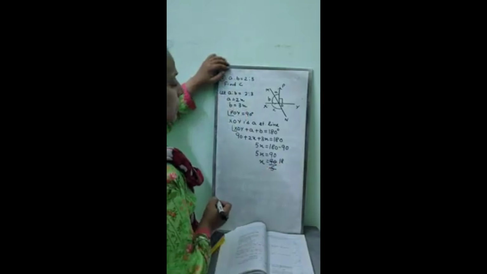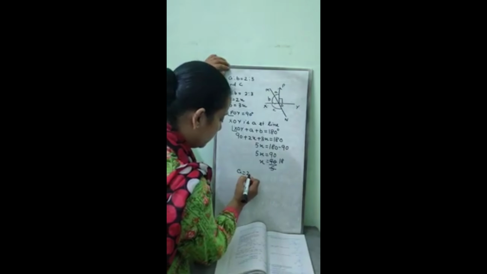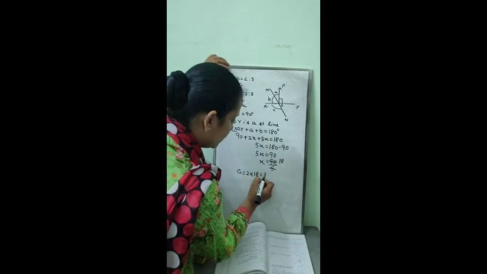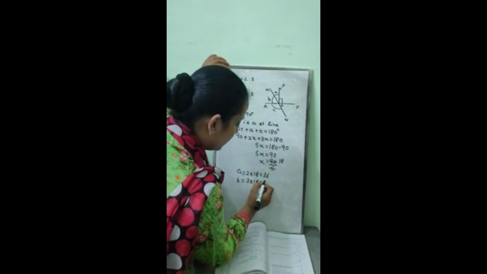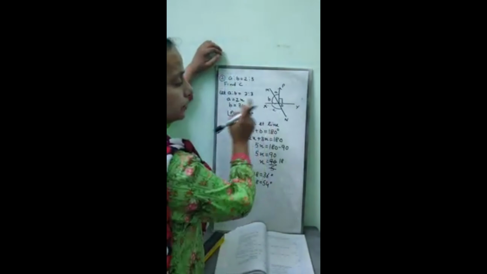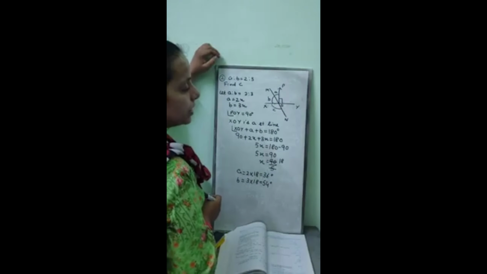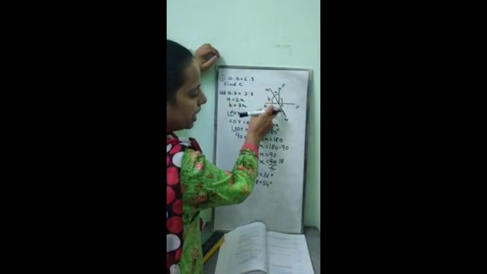Clear? Now angle A is 2 into 18, 36. Angle B is 3 into 18, 54 degree. Our job is to find angle C. You can find angle C by using MON.